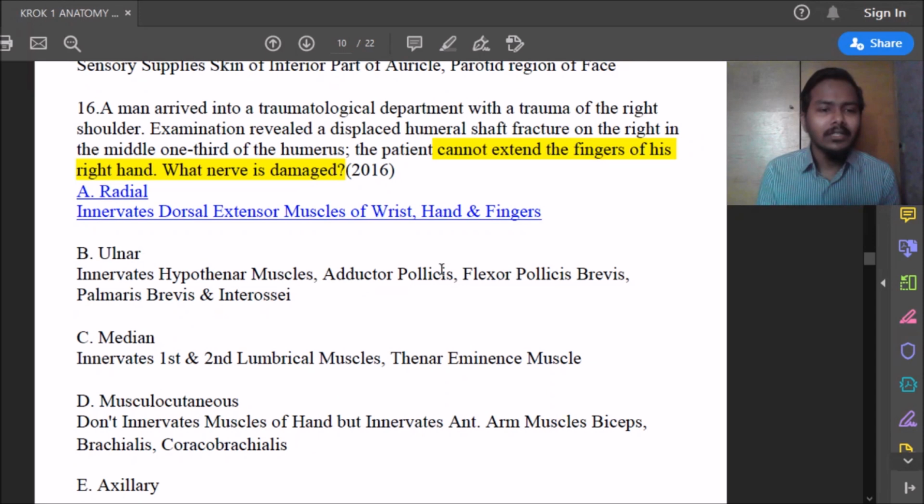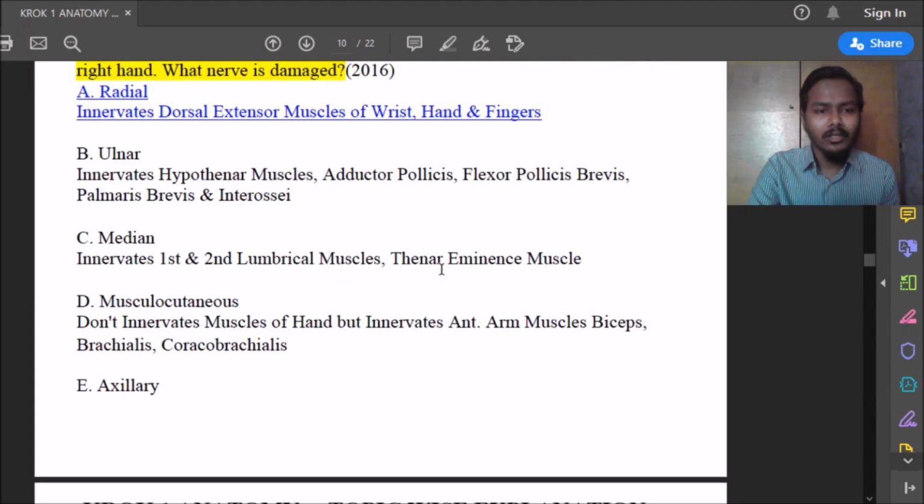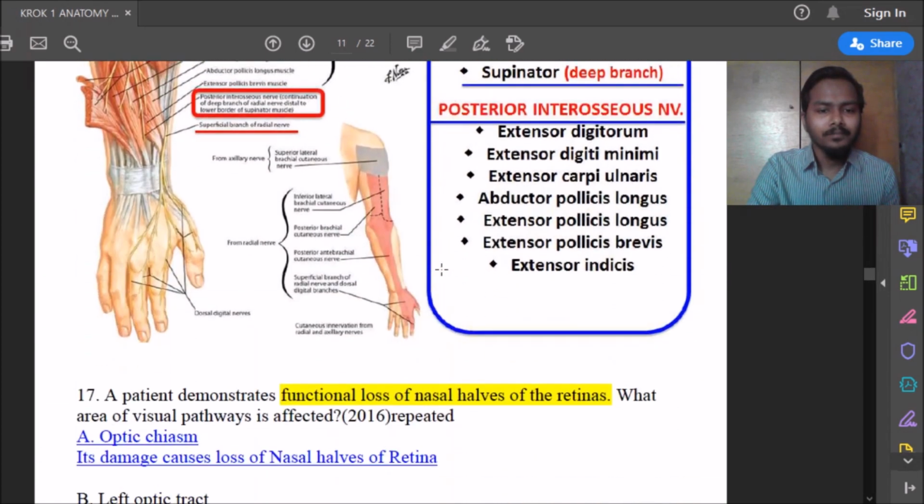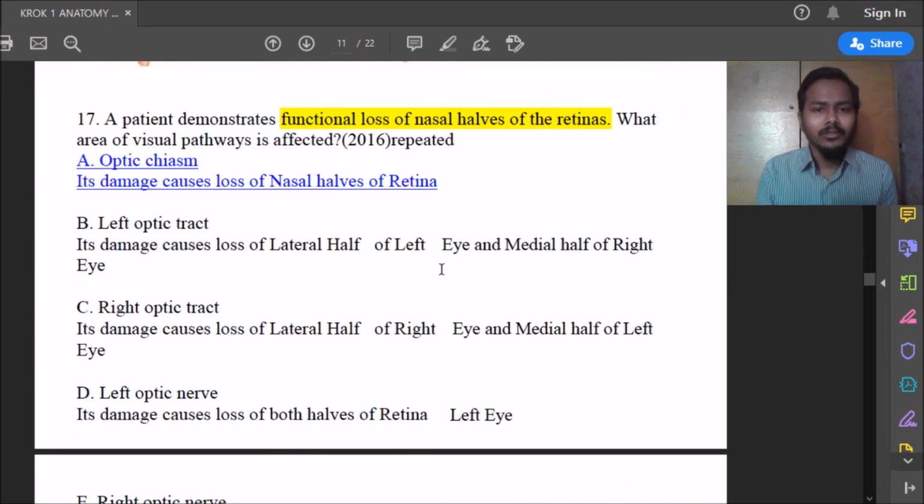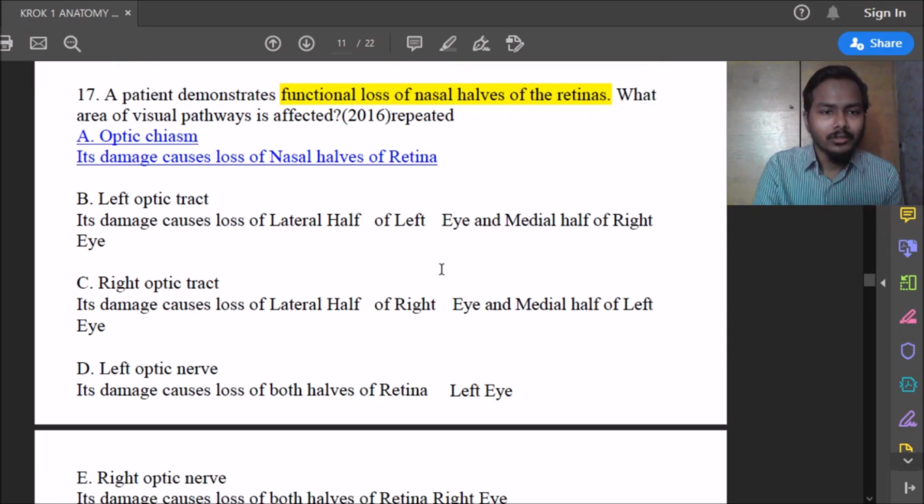The radial nerve innervates the dorsal extensor muscles of the wrist, hand, and fingers. So they told the patient cannot extend his fingers due to the fracture of the humerus. You can read the other options to see why they cannot be correct. It's the same question as the functional loss of the nasal half of the retina: there is damage to the optic chiasm because of the crossing of the optic fibers.